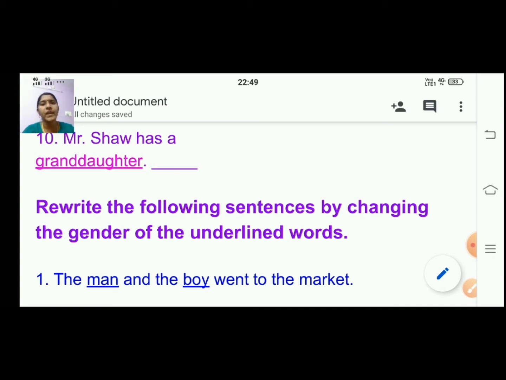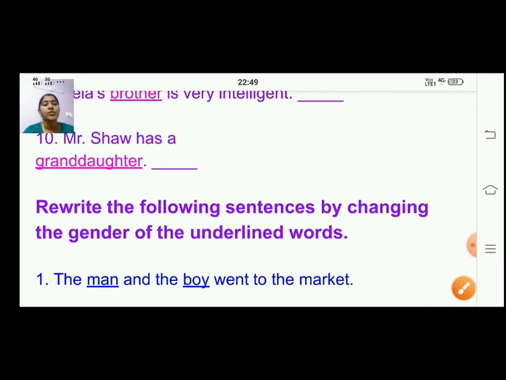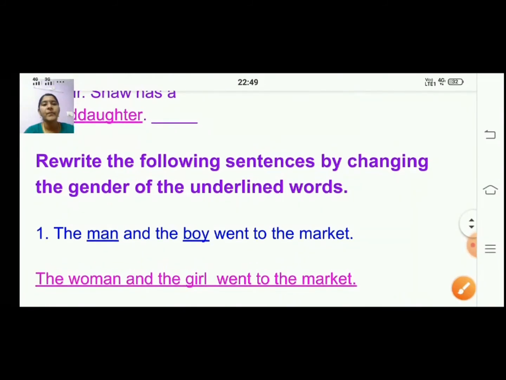So what will be the feminine gender for boy? Boy? Very good, super children. It is girl, right? So you are going to take this boy out. Right? So you are going to remove this boy and this, and you are going to replace this with feminine gender. Feminine means female. Boy means you will write there girl, and man will be woman. So you can see it here, right? So we have removed this man and wrote woman, right?